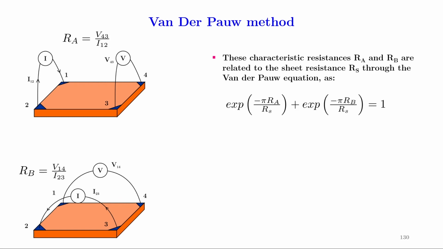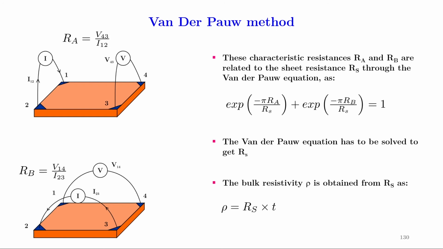These characteristic resistances Ra and Rb are related to the sheet resistance Rs through the van der Pol equation as exponential minus pi Ra over Rs plus exponential minus pi Rb over Rs equal to 1. This equation has to be solved to get Rs. Then the bulk resistivity ρ is obtained from Rs as ρ equal to Rs times T, where T is the thickness of the film.